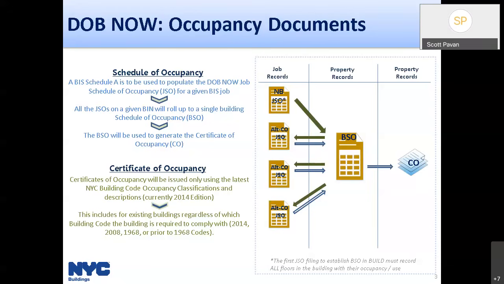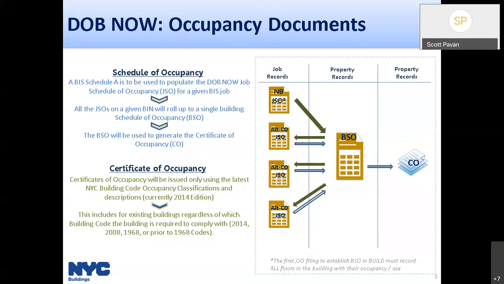But what the DOB Now system is designed to do is to take information from an approved application and make much more reliable data, and to provide it at a transparent level, the Building Schedule of Occupancy, the overall building. And it ties it together and coordinates it if you have more than one project that's affecting the certificate of occupancy.